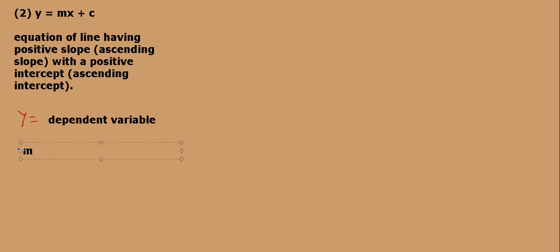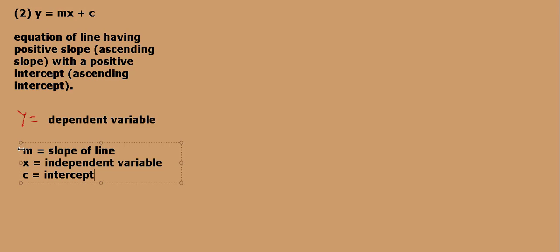So m stands for the slope of the line. In that case, x stands for the independent variable, and c stands for the intercept. c stands for the intercept here. So these are the terms in the given equation.